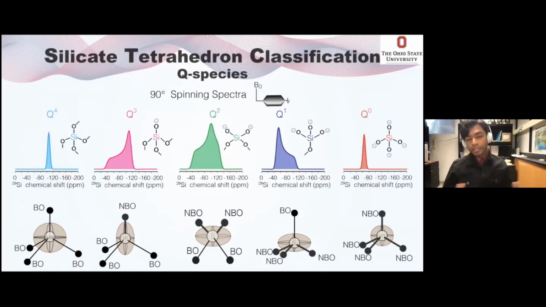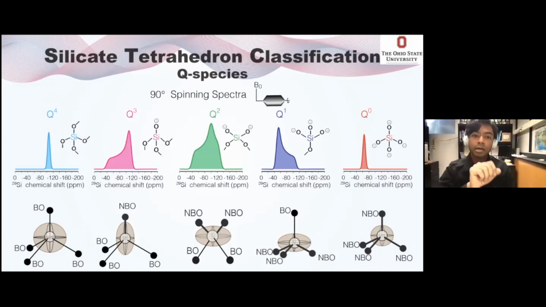One thing that we need to know about silicates, just a brief summary, is that silicates have these species called Q species, Qn, where n can go from 4 all the way to 0, is the number of bridging oxygens. So for a Q4, you have 4 bridging oxygens. Q3 has 3 bridging and 1 non-bridging oxygen. And it goes all the way to Q0, which has all 4 non-bridging oxygens.